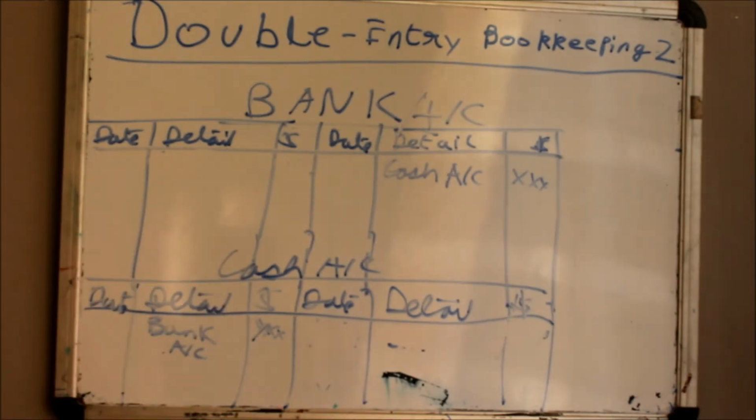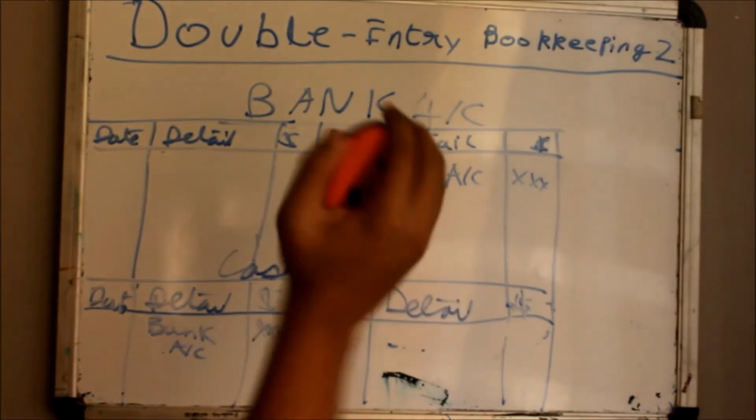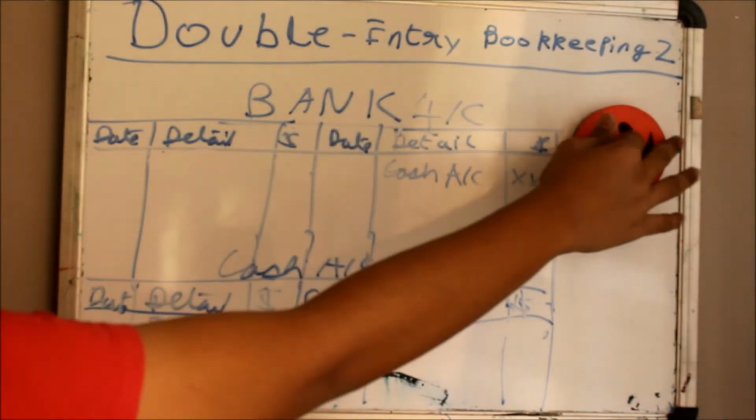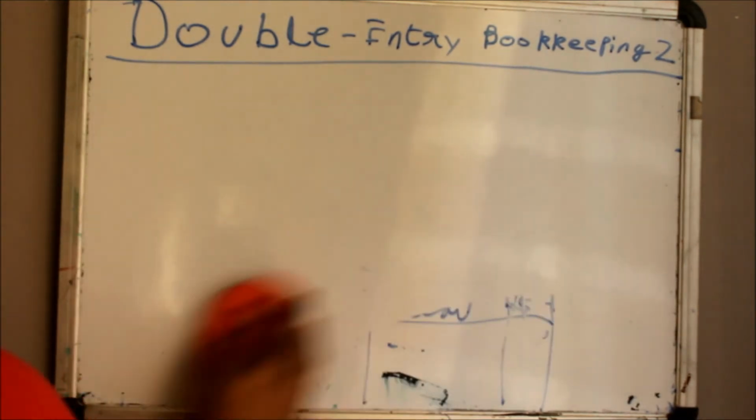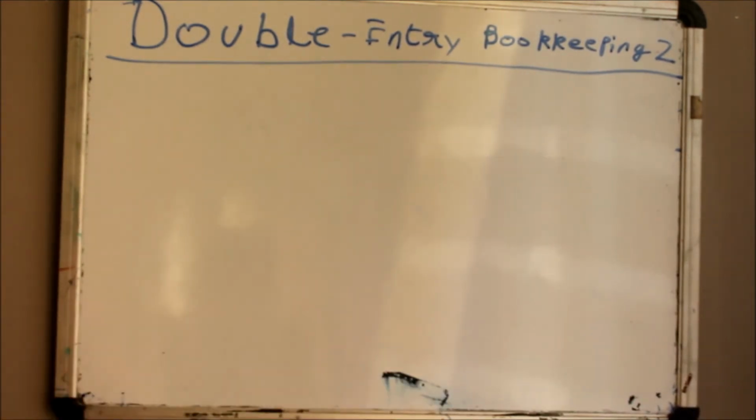Okay, so the next thing I'm going to teach you is the accounts of discount allowed and discount received. Let's start.